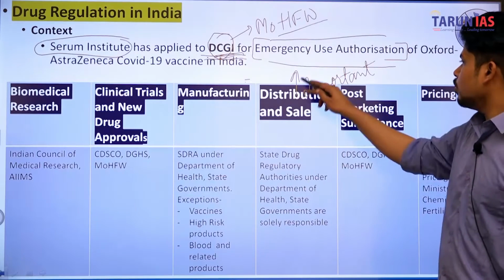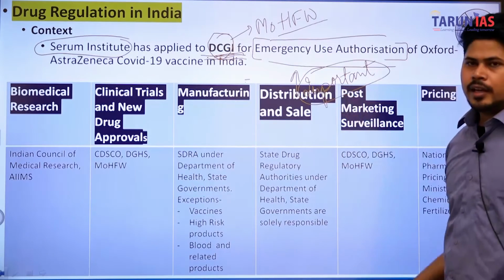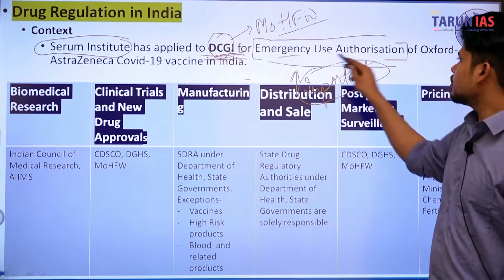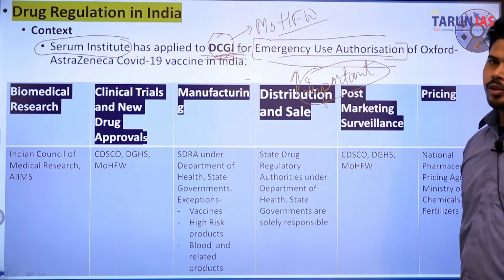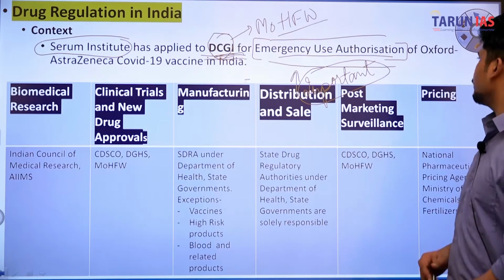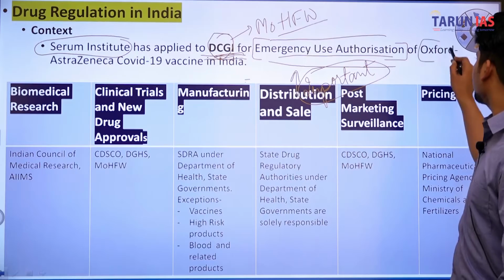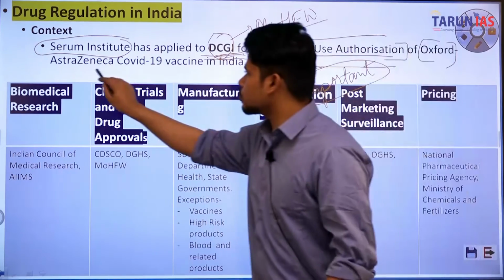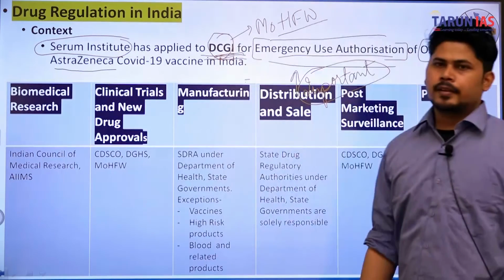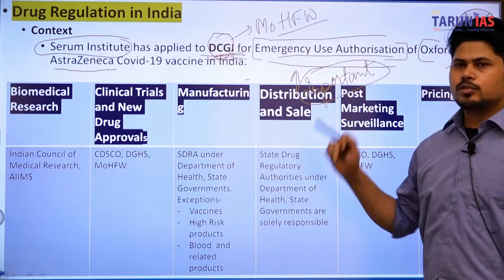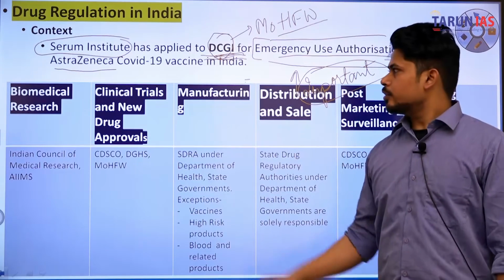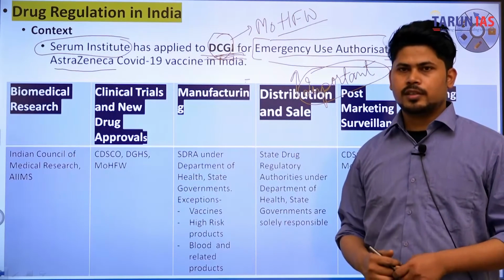But there is no special procedure defined in Indian law for emergency use authorization. This Serum Institute is going to produce the AstraZeneca COVID-19 vaccine, which is being developed by Oxford University and AstraZeneca. These companies are developing this COVID vaccine, and Serum Institute is going to produce it in India.